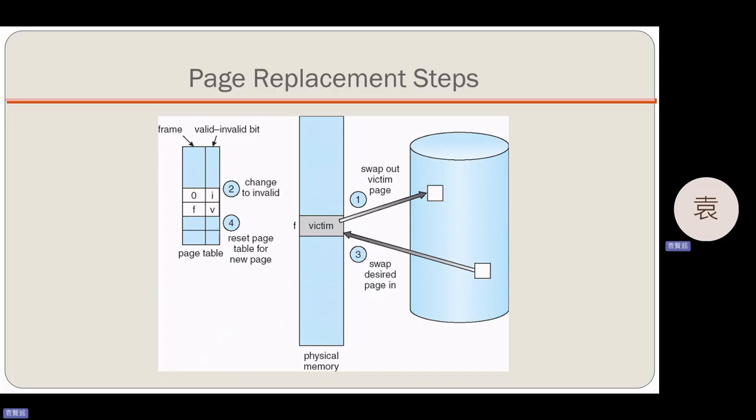Then we swap in the needed page into frame F. We modify the page table entry corresponding to the new page, marking the valid bit as valid, and the frame number F is stored into the frame number field. For the original replaced page, the frame number becomes useless because its valid bit is invalid.